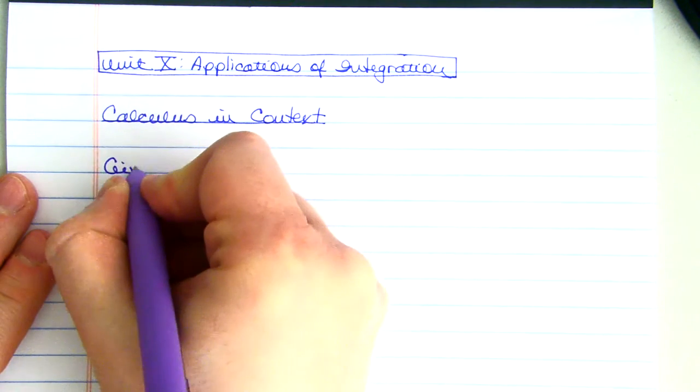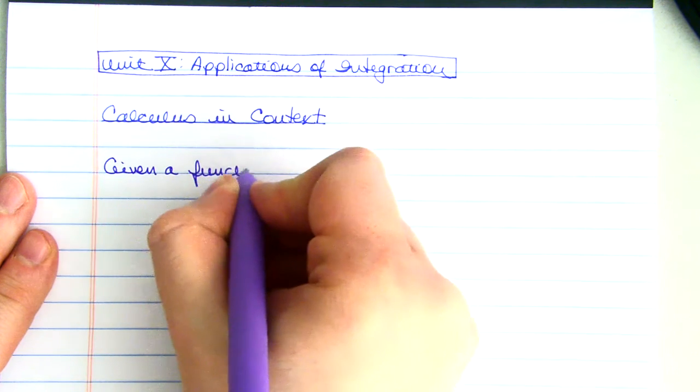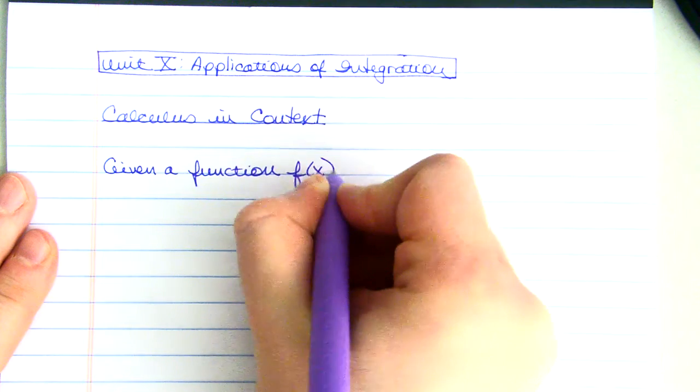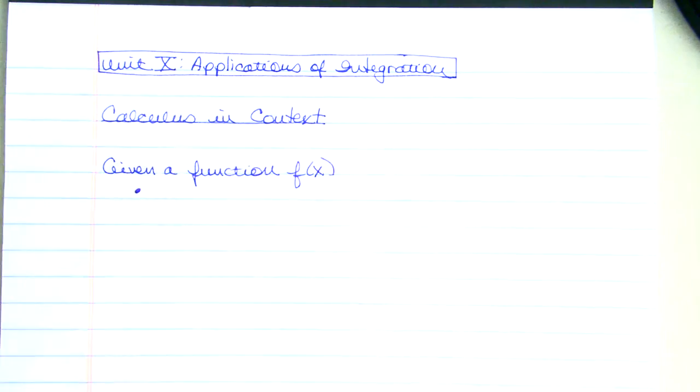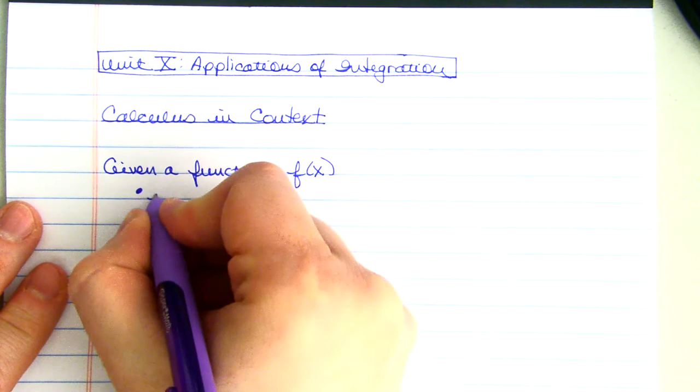First of all, given a function f of x, we have 2 different types of rates of change that we've talked about in this class. We've talked about the average rate of change, and we've talked about the instantaneous rate of change.